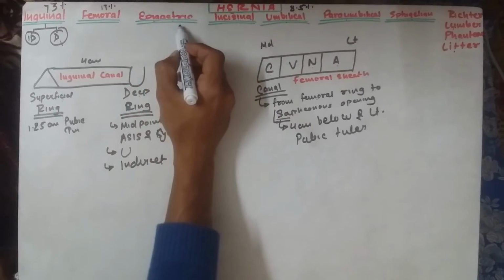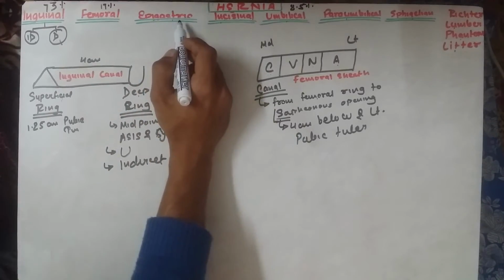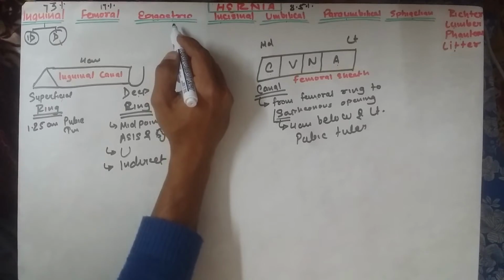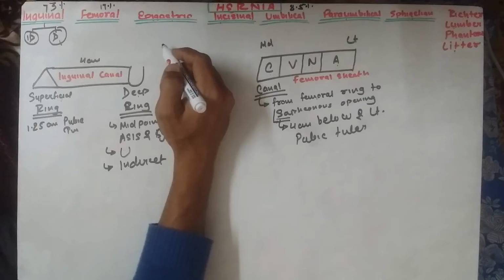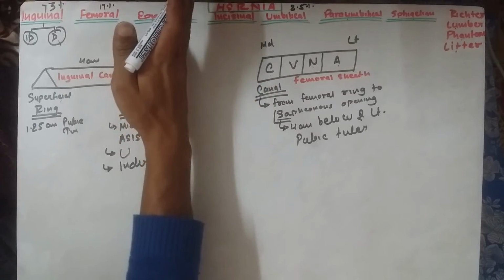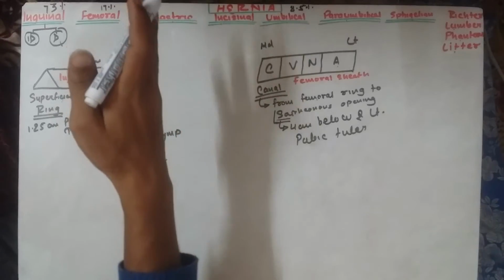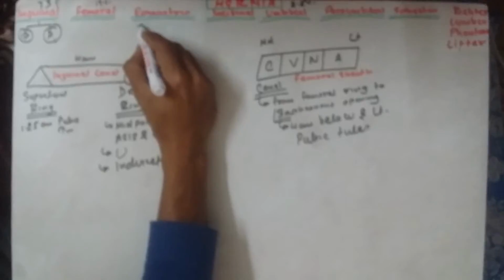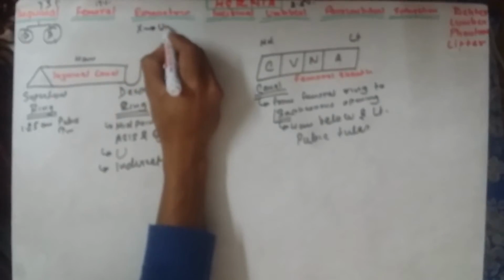Now the epigastric type of hernia can be present from the xiphoid process to the umbilicus. It is due to a defect in the linea alba, which means it is usually present in the midline, anywhere between the xiphoid process and the umbilicus.